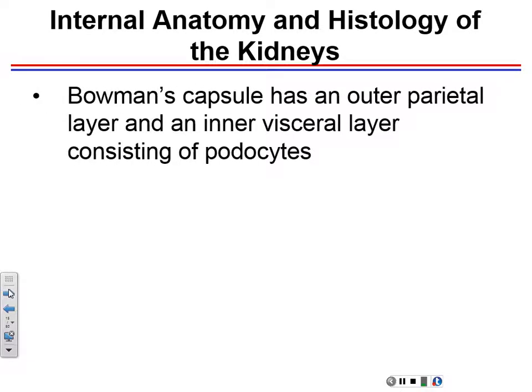So Bowman's capsule, remember it's like this. This will be the visceral layer, okay? Because it's very close to the glomerulus, and this will be the parietal layer. So that's what it's talking about. Parietal, visceral. Remember, the visceral layer is the one that has the podocytes.